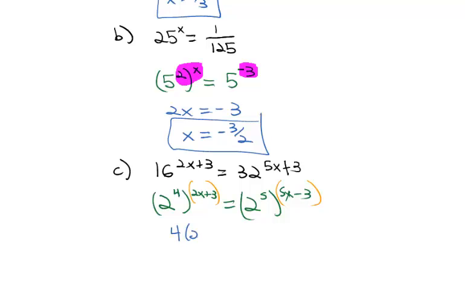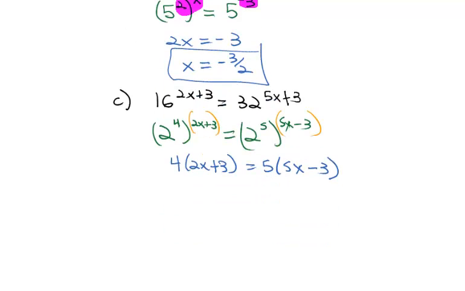This gives us 4 times 2x plus 3 equals 5 times 5x minus 3. And we should be able to solve this quite nicely. Distribute to get 8x plus 12 equals 25x minus 15.